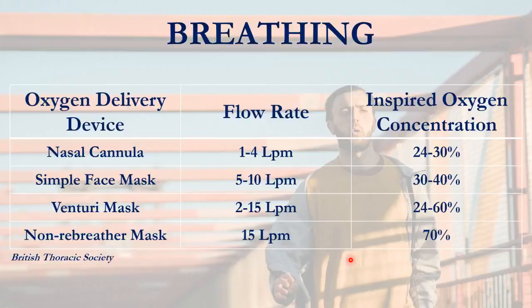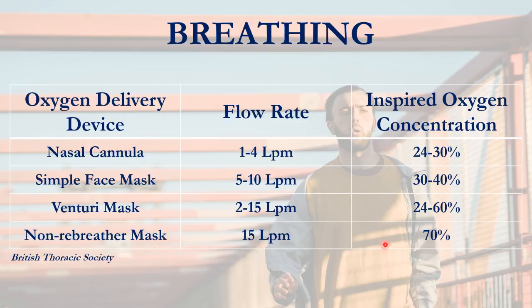So this is the table. According to the British Thoracic Society, these are the respective flow rates for each device. For example, your nasal cannula delivers 1 to 4 liters per minute. The simple face mask uses 5 to 10 liters per minute. The Venturi mask uses 2 to 15 liters per minute, and your non-rebreather mask will have a flow rate of 15 liters per minute.